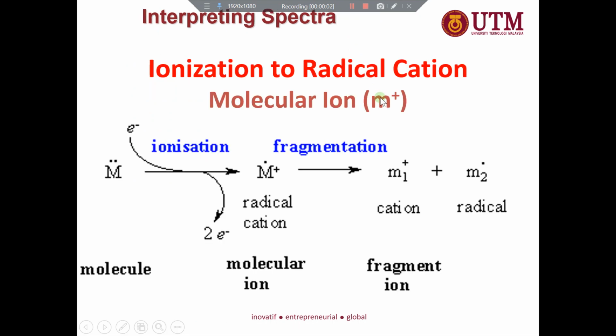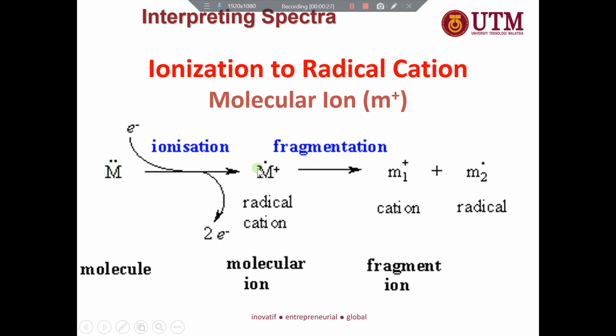Okay. The next one, we want to learn about interpreting the spectra. From here again, your molecule will undergo ionization by the electron beam. They will hit you with the electron, removing an electron from your molecule.